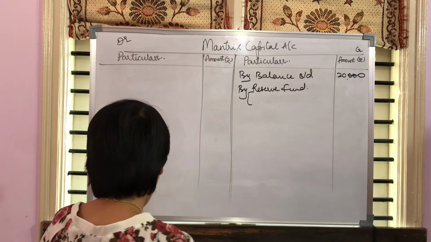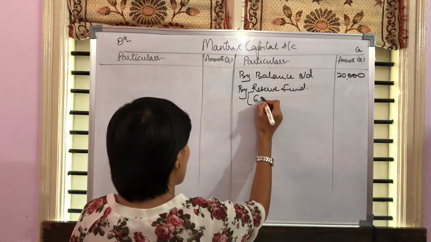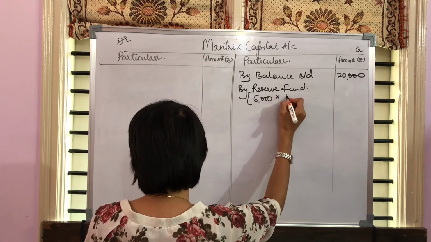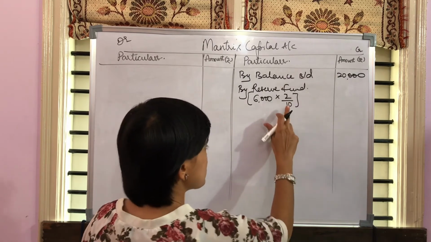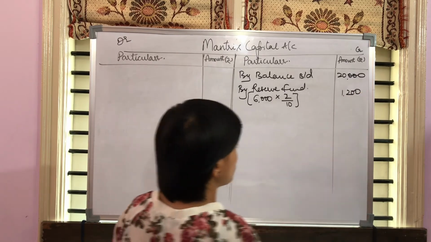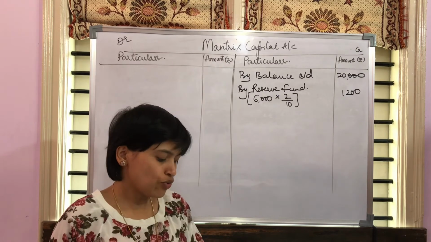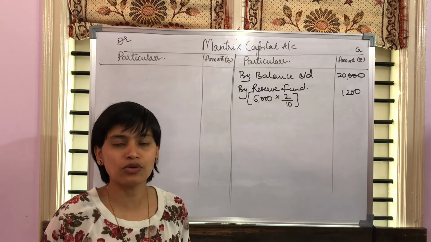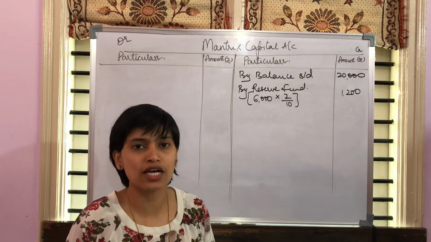The value of reserve fund is rupees 6,000. So 6,000 into 2 divided by 10, that is Mantri's share, we will get 1,200. Let's follow the adjustment. The goodwill of the firm needs to be valued at 2.5 times the average profit of last 4 years.